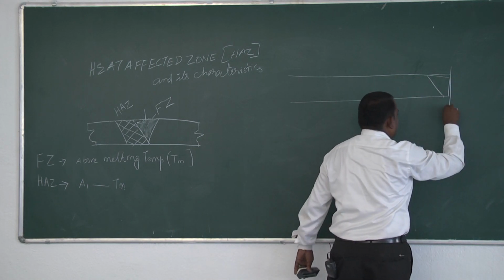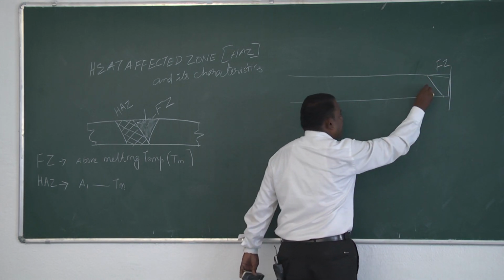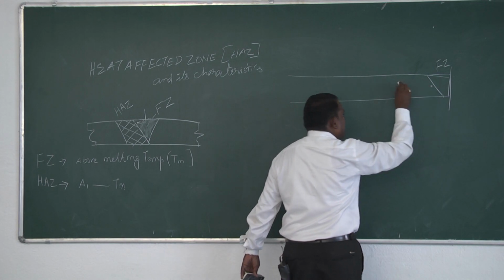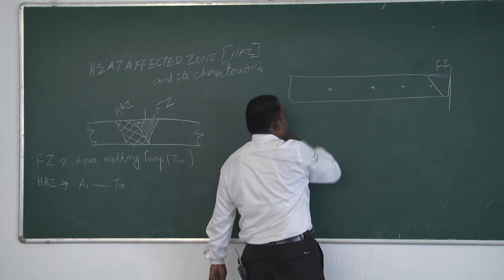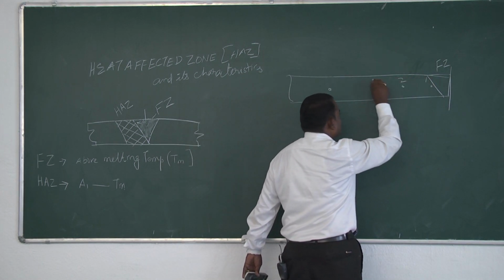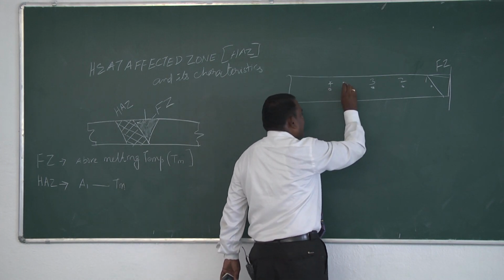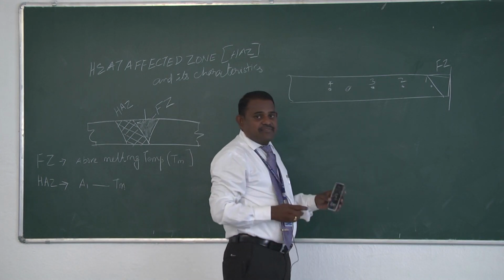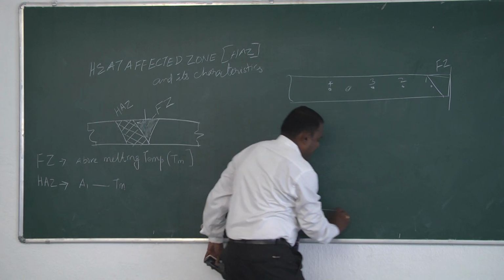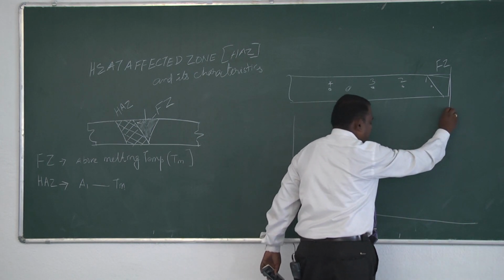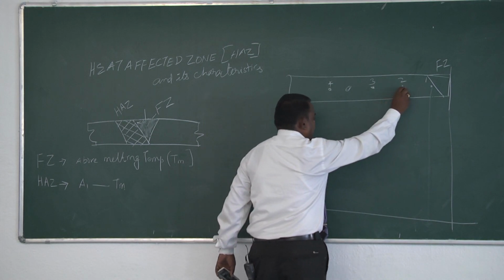This is your weld metal, this is your fusion zone, and if we fix some thermocouples at some distance away from the weld metal, maybe 1, 2, 3 and 4, this parent material will definitely experience different peak temperatures with respect to the distance. That can be drawn with the aid of some temperature profile lines.